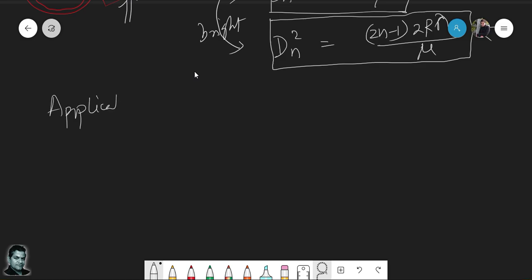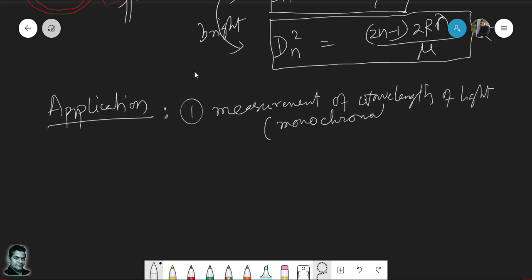The first application is the measurement of the wavelength of light, a monochromatic light, let's say with wavelength λ. How to measure this? With this Newton's ring setup, we measure the diameter of different rings.